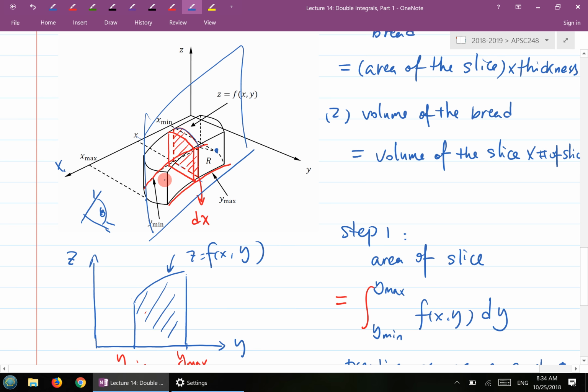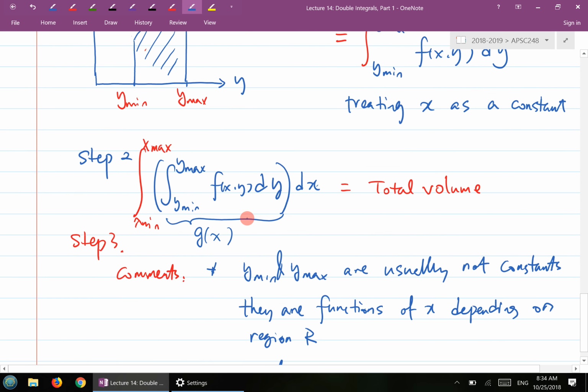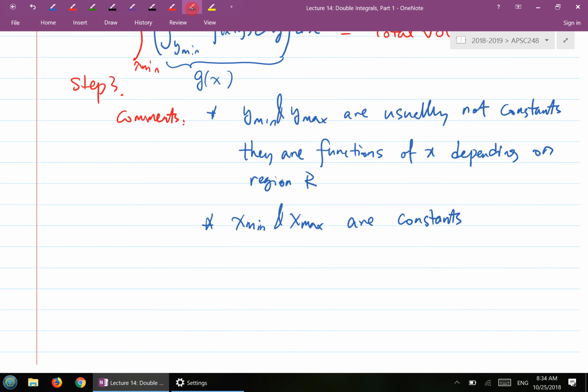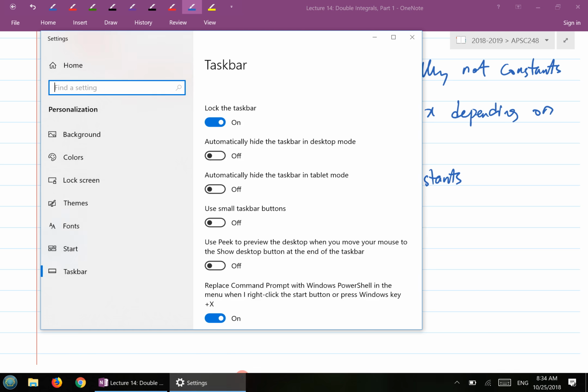Then you can use exactly the same approach, step 1, step 2, to calculate the volume. In that particular case, this is what we call a change of order. So you can have a different order of integration.